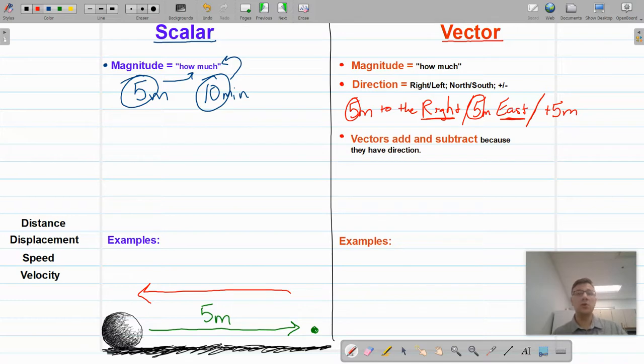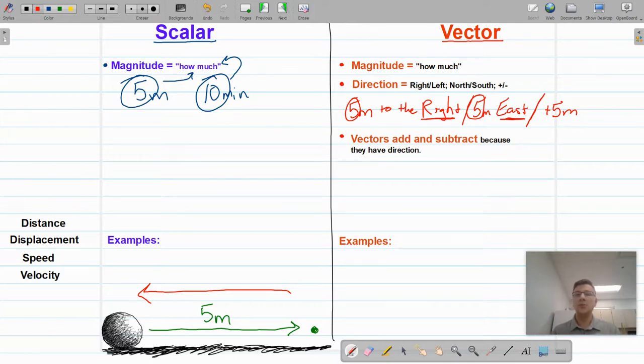However, if we were talking about displacement, which happens to be a vector quantity, we would have to subtract those. We would say positive 5 meters one way and then negative 5 meters the other way. When you use that positive and negative sign, it makes more sense as to why you would subtract those. Ultimately, that's saying the ball ended up in the same place. Its original position and final position were the same, so the displacement of the ball is 0.